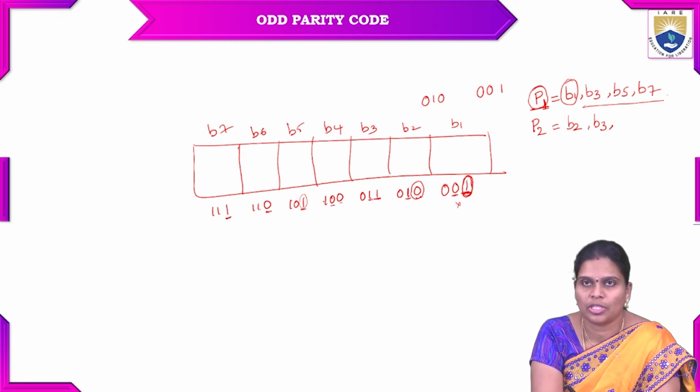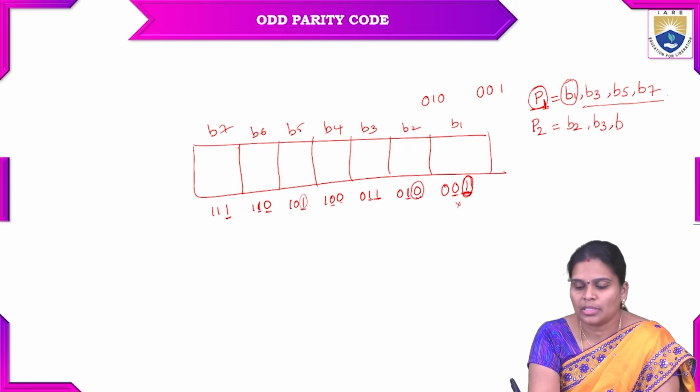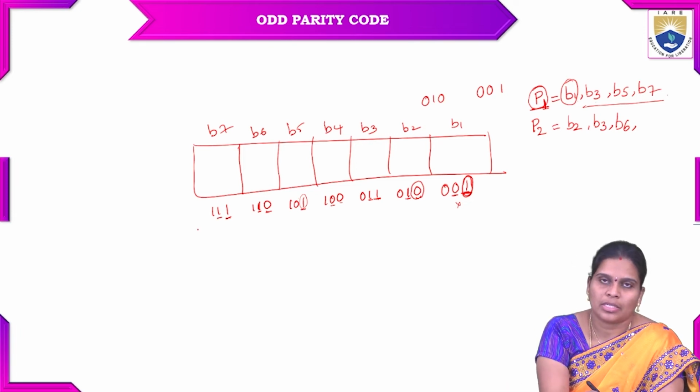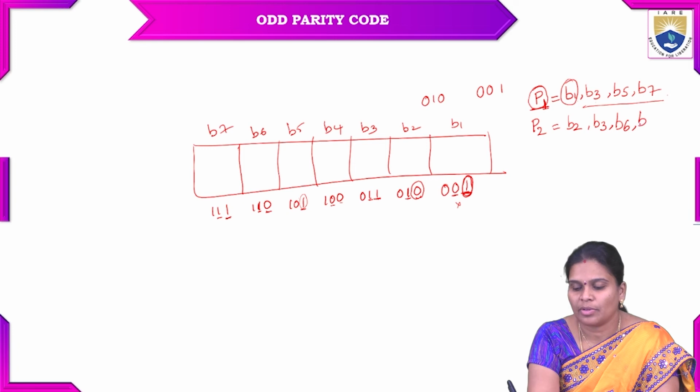Next bit is 0, so B4 is 0, not concentrating on this one. Next bit is 0, not concentrating on B5. Next B6: the second bit is 1, so that is B6. Next, the second bit is 1 in B7.